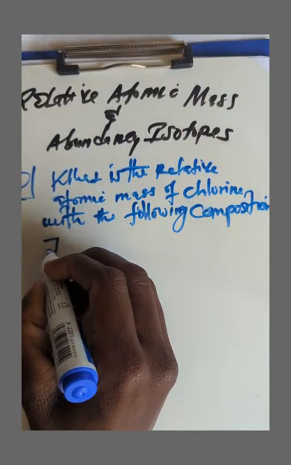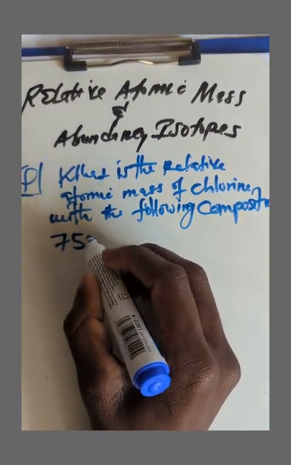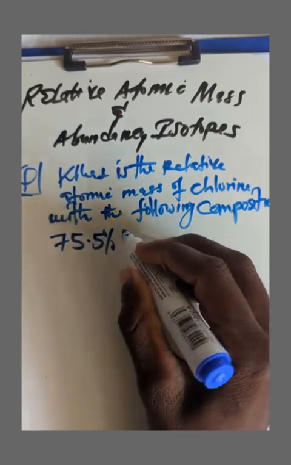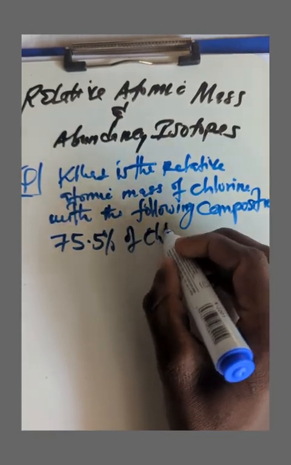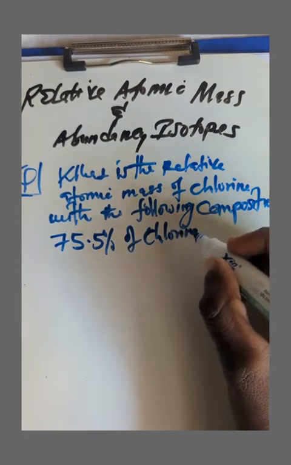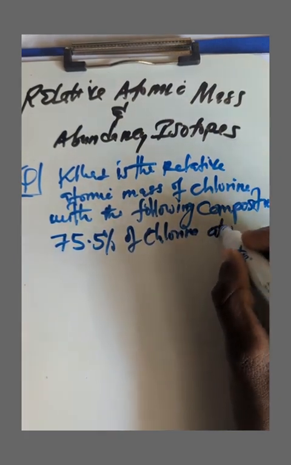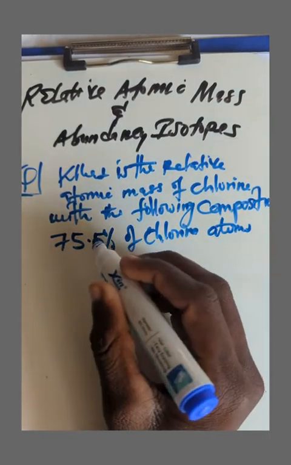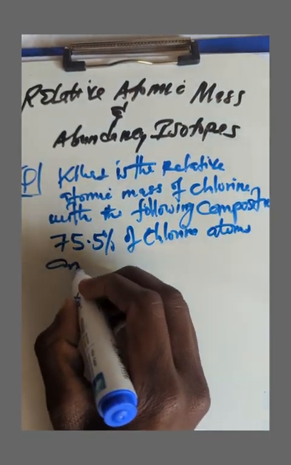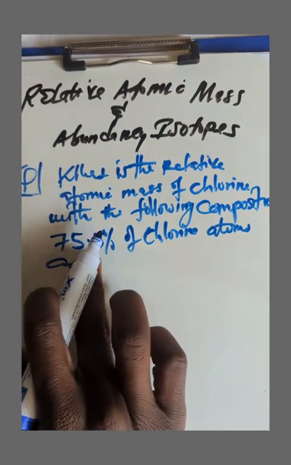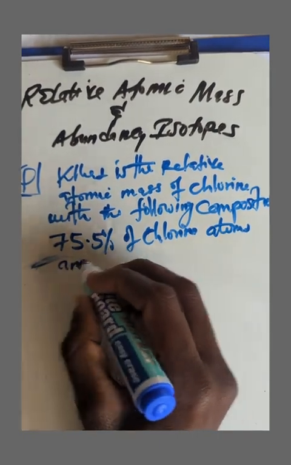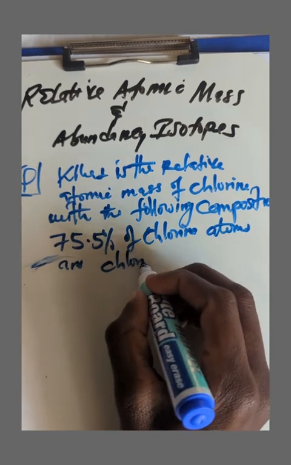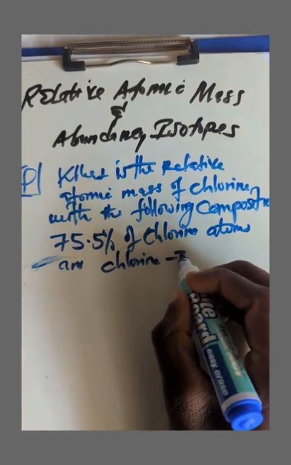We have, let's say, 75.5% of chlorine atoms are chlorine 35.